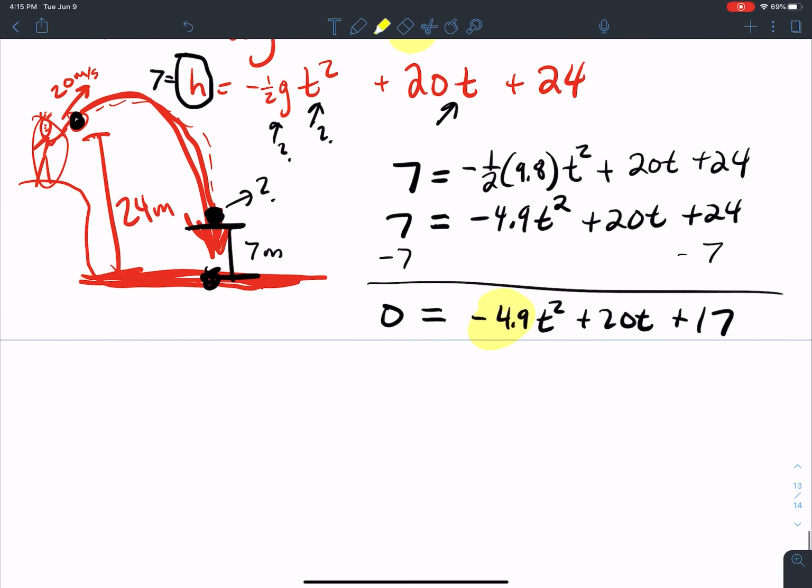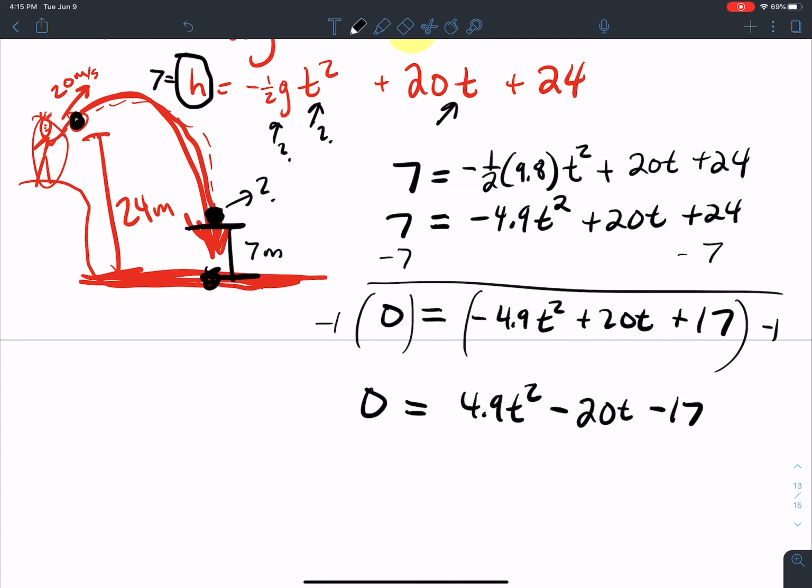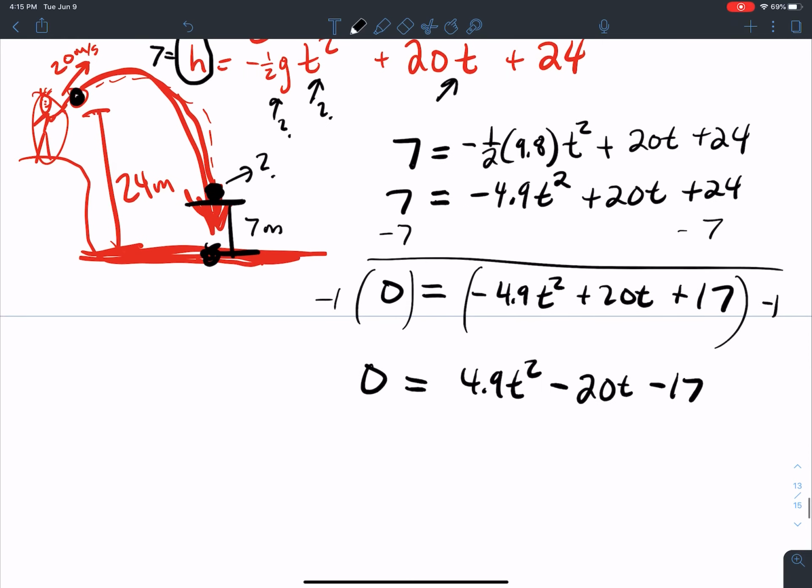Now a is not positive yet, so I'm going to multiply everything by negative 1. That's 0 equals 4.9 t squared minus 20t minus 17. Now I can use the quadratic formula with a equal to 4.9, b equal to negative 20, and c equal to negative 17.